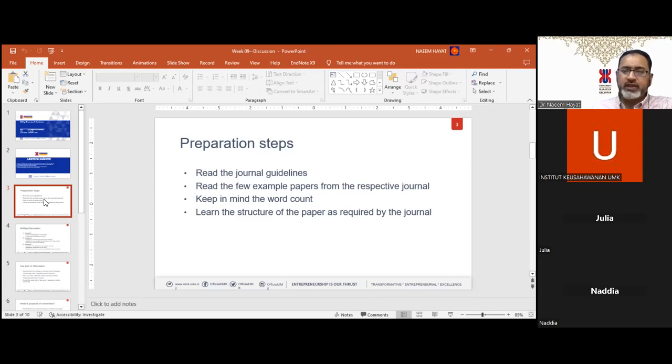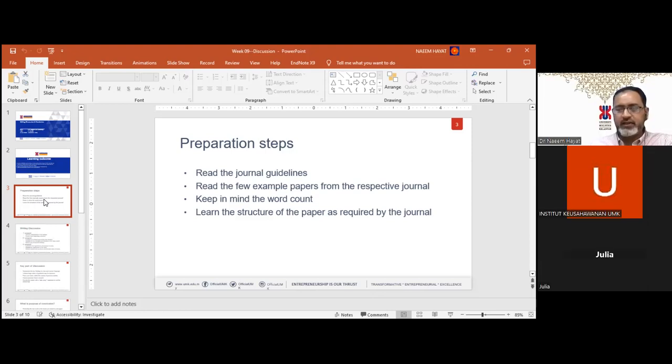We can also get some example papers from the journal to understand the writing and formatting requirements. The guideline is just for reading, so if you are not able to understand it, download an example paper to visibly understand what is required by the journal.